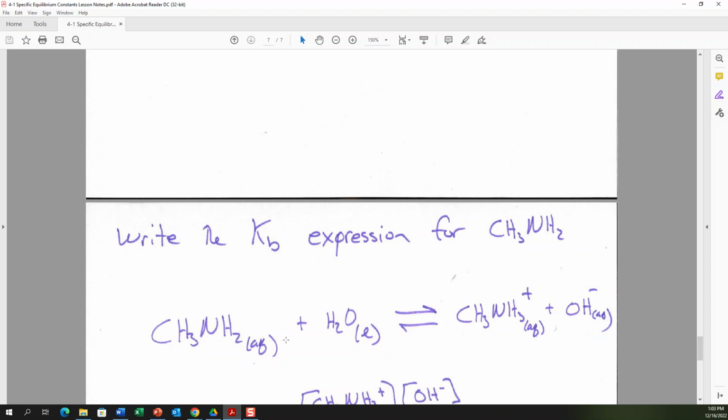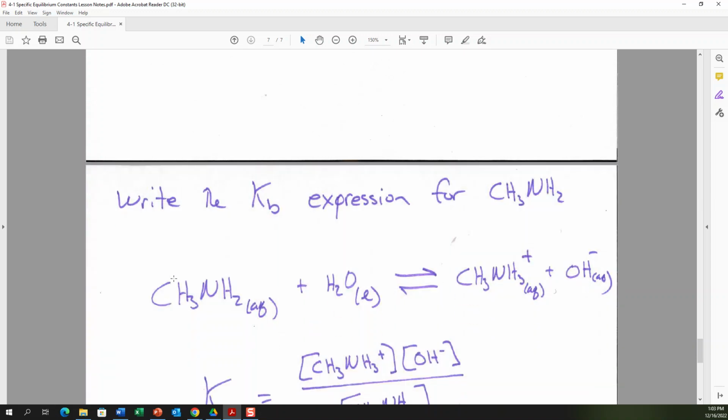So notice I have NH2 here and I made it NH3. You could have just added an extra H over here, or you could have accidentally added it to here. That's fine, it doesn't matter, just as long as you know you have an extra H in this equation, and that it's plus 1 now because it wasn't just an H you gained, it was an H plus. And then the water becomes hydroxide after it loses an H plus.